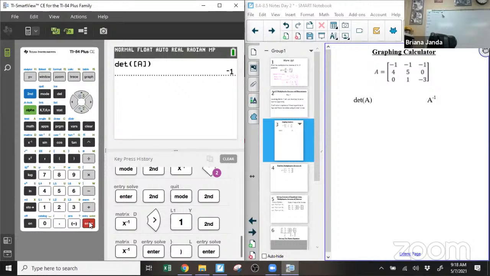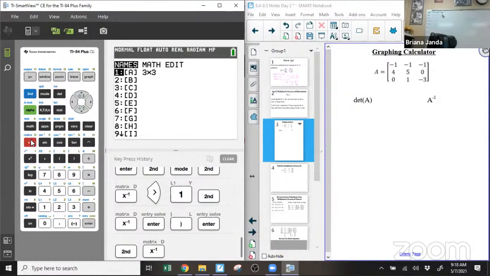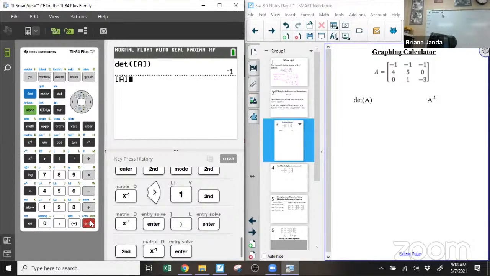So what I want to do is I want to go grab matrix A. Again, to go grab matrix A, I hit my second matrix menu and just select under names, matrix A. And then we want to do the inverse, and you actually have a button on your calculator that has that little -1 symbol that means inverse, and that is the same button we've been hitting for matrix, but without the second key, right? So when I hit that, it's going to look just like our page does with a little -1, and then I hit enter, and it will do the inverse for me.